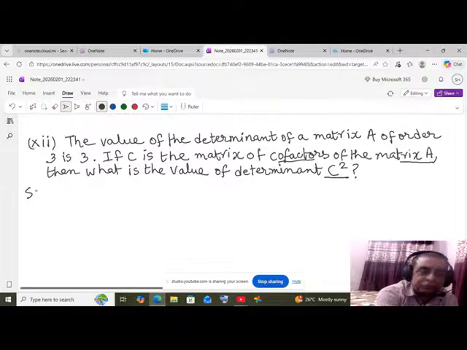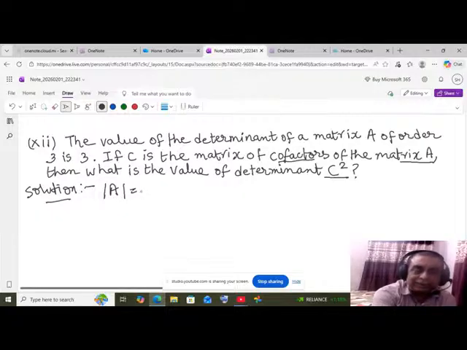So in the question, what are we told? There is one matrix denoted by A. Its determinant is given, determinant A. A is of order 3, and the determinant A value given in the question is 3.